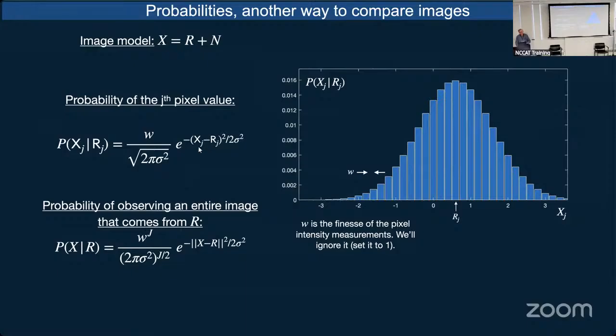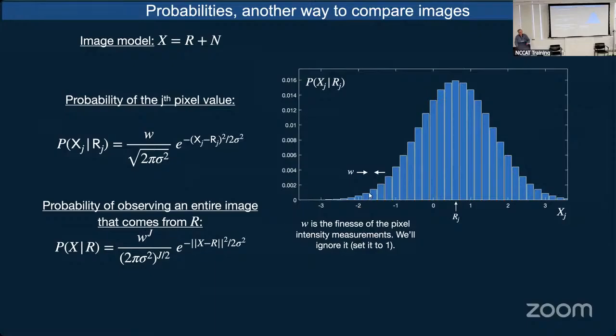So this is then a normal statistical distribution for each pixel, and we can do the same thing for every pixel in an image, and so we can compute the probability of observing an entire image that comes from reference R, and it looks like this. It's complicated, and how can you compute that probability?